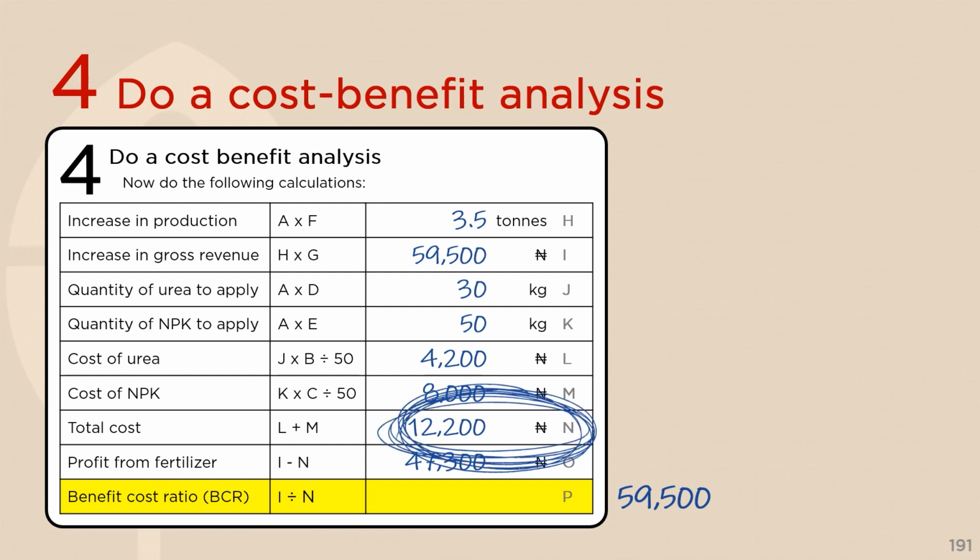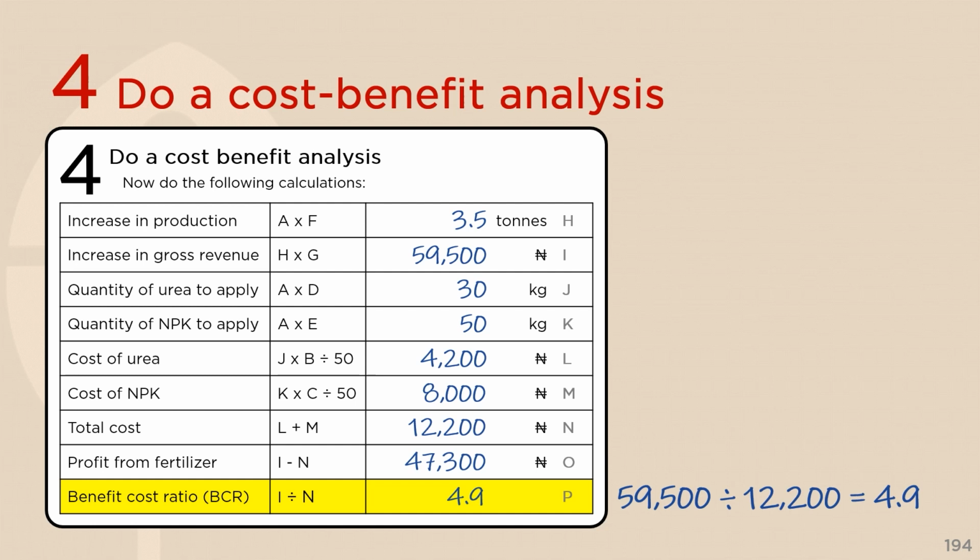And value N is the total cost of fertilizer, 12,200 naira. 59,500 divided by 12,200 equals about 4.9. We note this value down in the table. A value of 4.9 is very good. This means that for every naira invested in fertilizer, you can expect to get almost 5 naira in return.